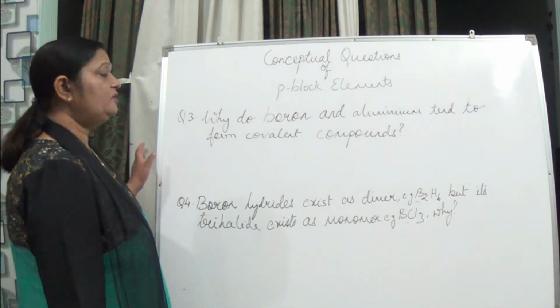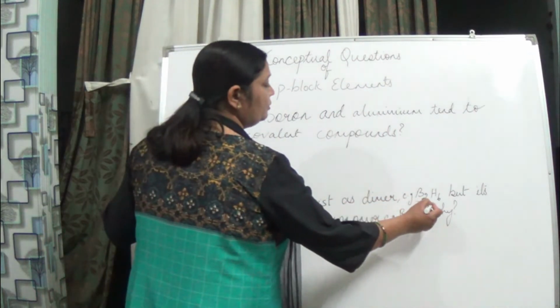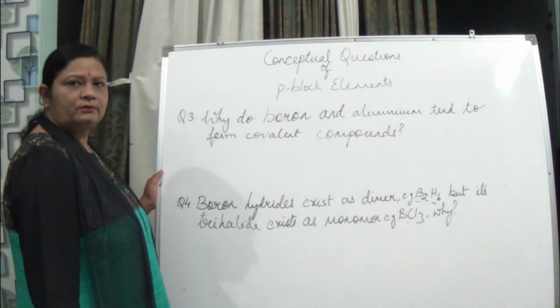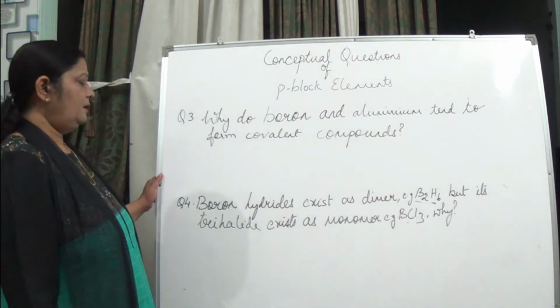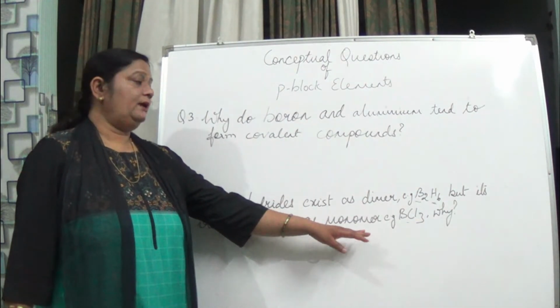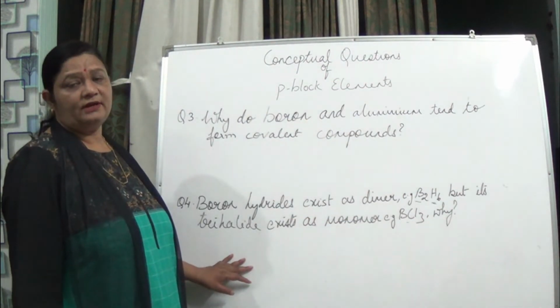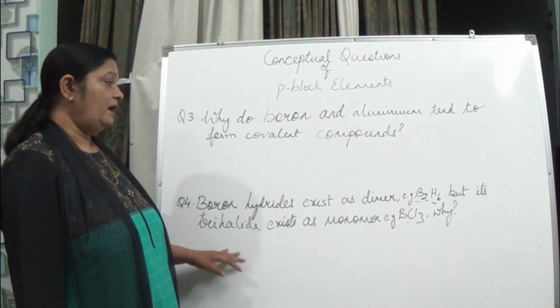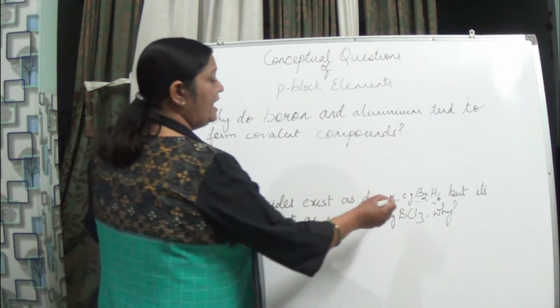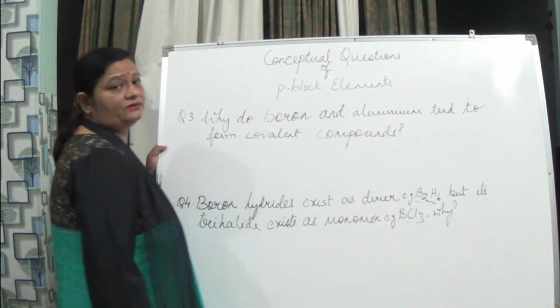Actually, when we talk about hydrogen, its size is too small, and only 1 electron is present in it. But when we talk about the halides, the number of electrons is more. And yes, when it is forming the bond, it can occupy these hydrogen atoms.